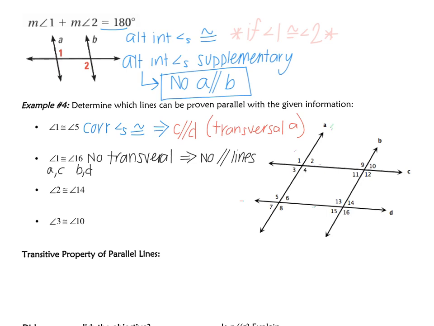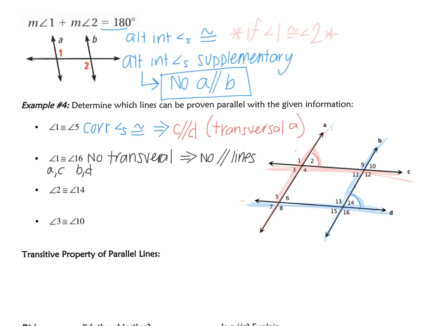Angle 2 and angle 14. Let's do the same thing. Angle 2 is right here. Angle 14 is right here. Looking at the lines that create them, B and D create angle 14. Line A and C create angle 2.